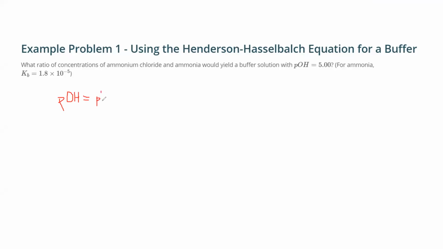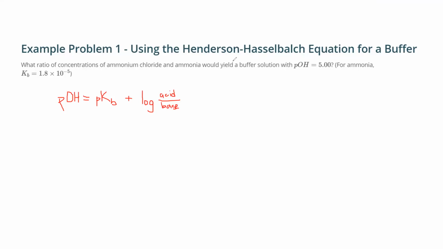We won't have pKa. We're going to have pKb, which means we're just going to flip the final piece of this. In this case, we'll have acid over base. And then for this one, the base is going to be ammonia.